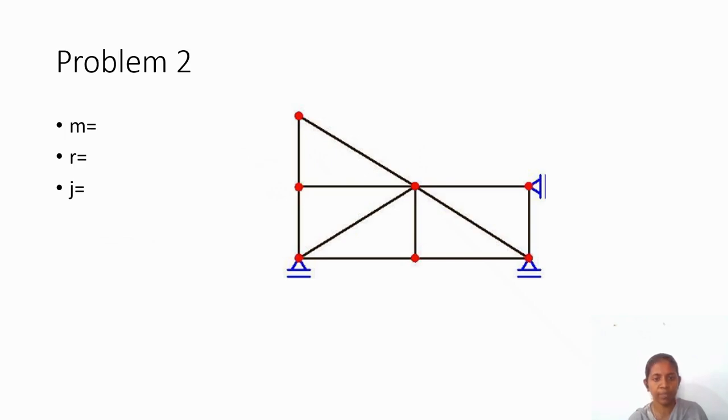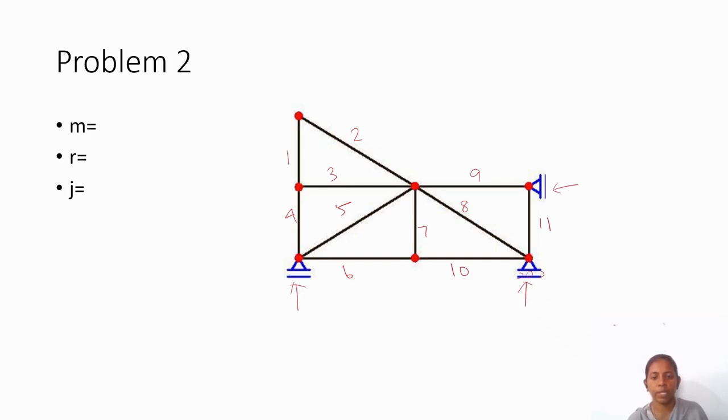Next problem, in the similar way, you count the members: 4, 5, 6, 7, 8, 9, 10, 11. Both are roller supports. Only one vertical reaction is here, because the spacing between them allows for the rollers.